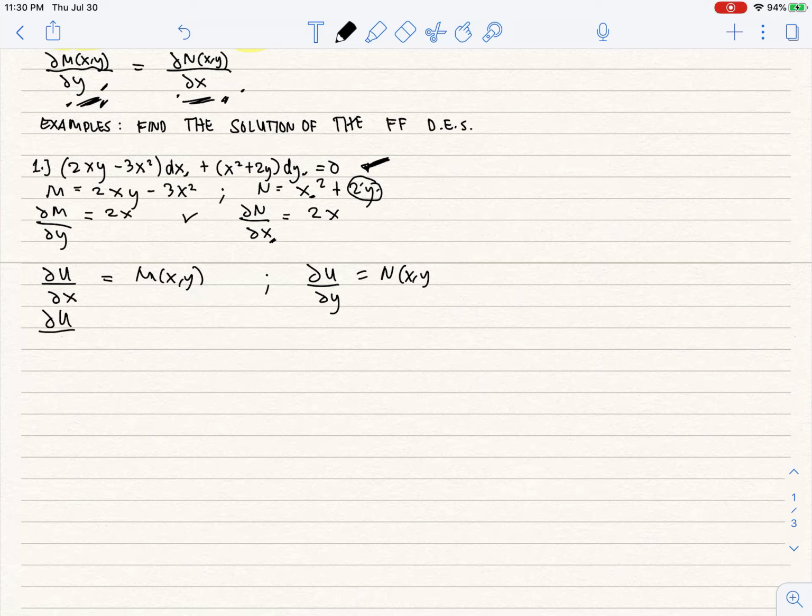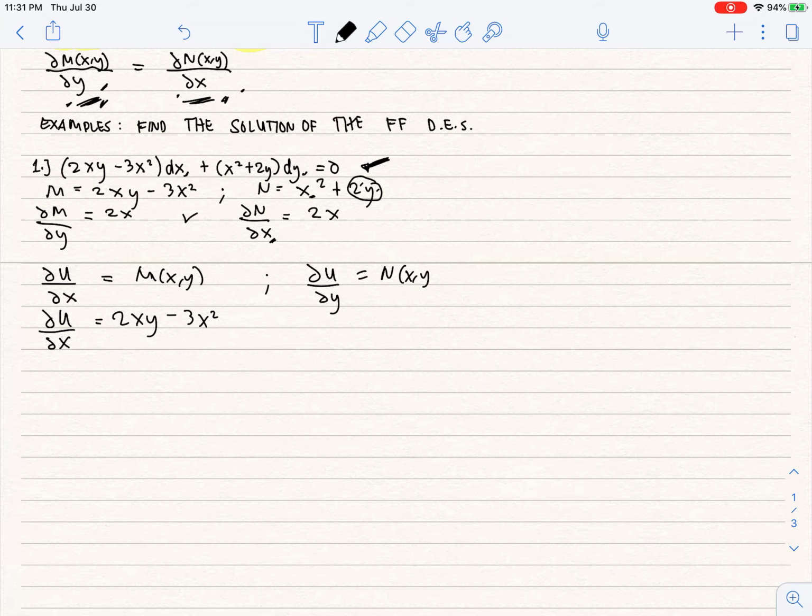So copy. M is 2xy minus 3x squared, as is. Next is moving the dx here. When we move it here, we can distribute the dx, so it should be in parentheses. Okay?